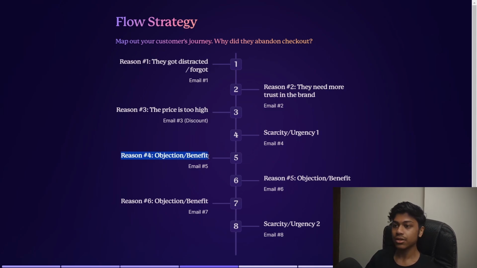Reason number 4, you basically list out every single objection that the person has against your brand, or every single benefit that the person is looking for in your products, and literally just list out every single one, take the main ones, and the entire flow is basically just that, along with a little bit of scarcity and urgency in like 2 spots, right?